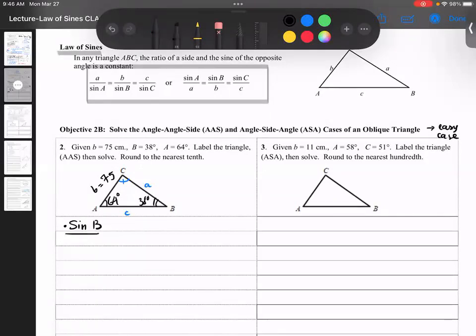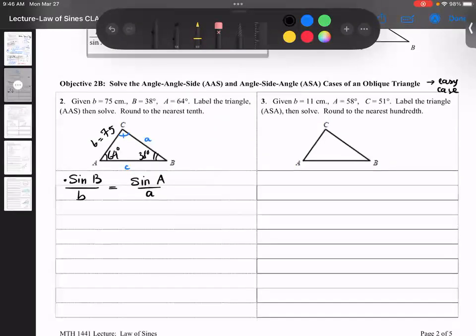But I'm going to use sine B. So sine B over little b equals sine A over little a. Which is sine 38 degrees over little b, 75, equals sine of 64 degrees over little a. Now you can solve little a.